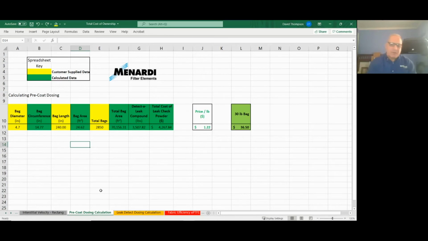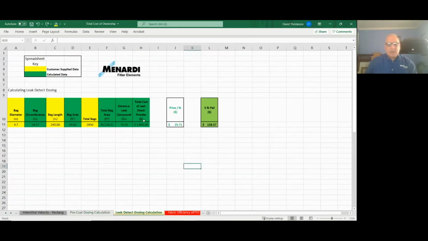When we look at leak check, when a baghouse change is made and the system is completely installed, the system is then checked for leaks to make sure that we have no leaks at the tube sheet, no bags with no bottoms in them, or compromises in our long seams, whatever it may be.